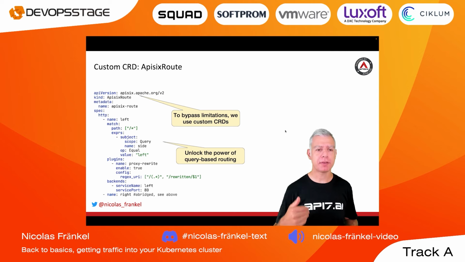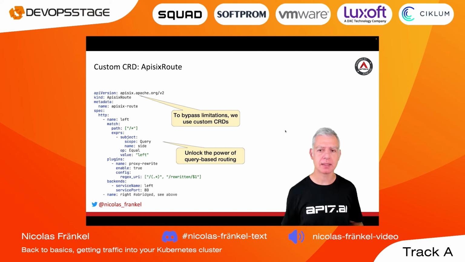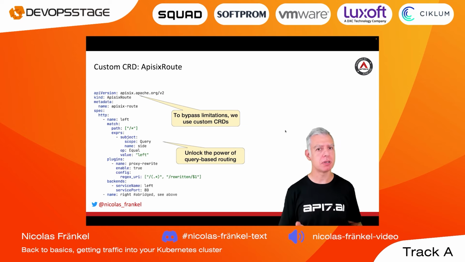And now I can finally do query-based routing. I can finally do rewriting, and it works. But notice how we move from one Ingress controller implementation that can do whatever we want, to another implementation. If we want to have easily migratable configuration, we need to rely only on a very specific subset of the features, which are the features offered by the specification, and they are very, very limited.